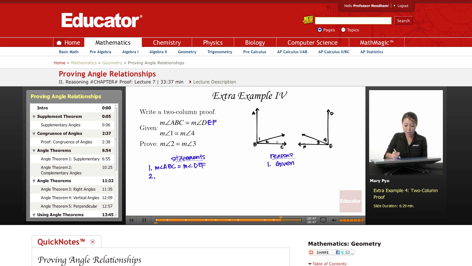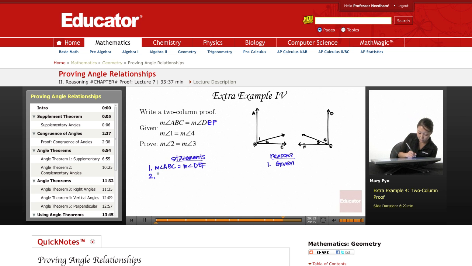And then I want to prove that the other part of it is going to be equal to this part, right? So remember when we have a bigger angle and we want to break it down into its parts, because that's what we're doing, right? We're dealing with the big angle with its parts, and same thing on this side. Then we want to use angle addition postulate because that's what breaks it down from its whole to its parts.